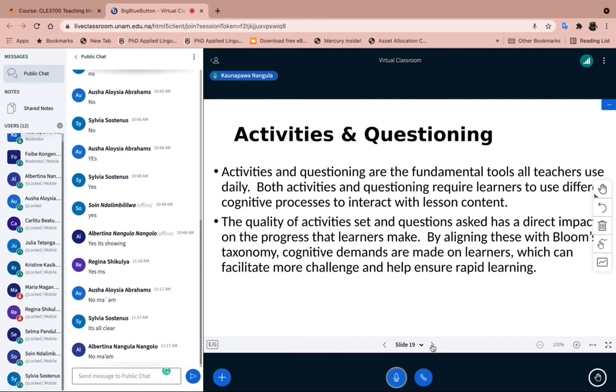As I mentioned earlier, you cannot ask questions at the remember level when the focus of the lesson objective is on, let's say, evaluating, right? For you to help the learners attain these objectives at different levels will depend highly on the activities and the questions.